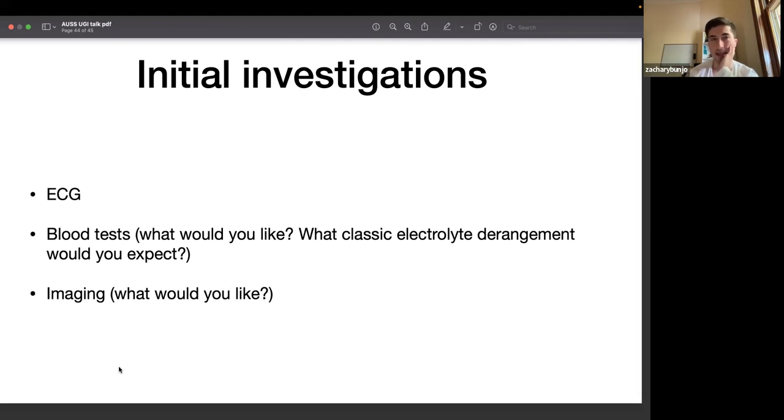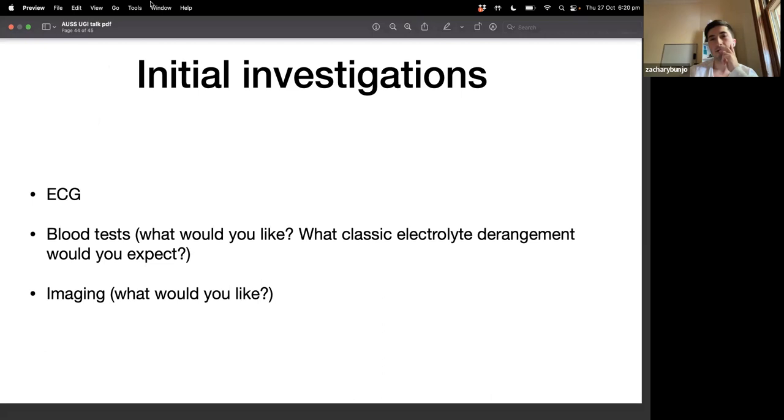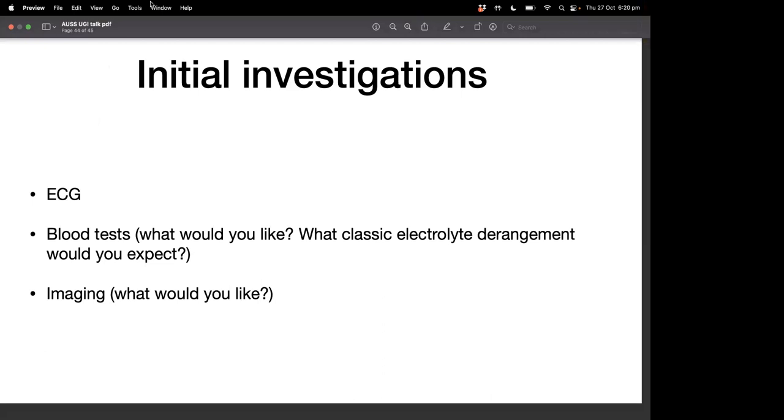And you mentioned a nasogastric tube. Excellent. So that's useful, obviously, to decompress and improve symptoms. What's another benefit of a nasogastric tube? It can suck up the acid.